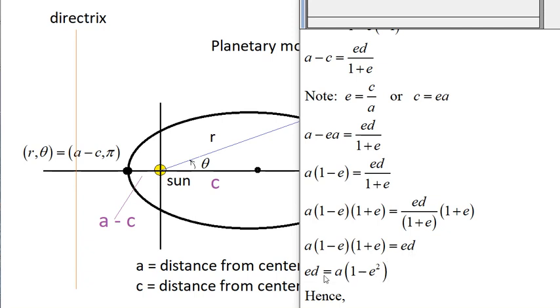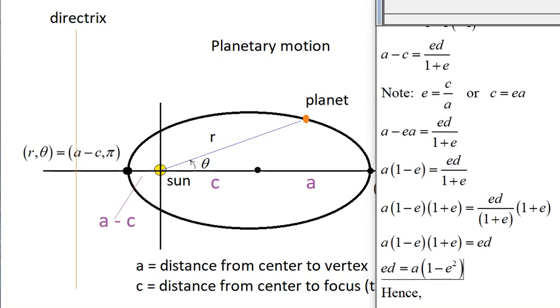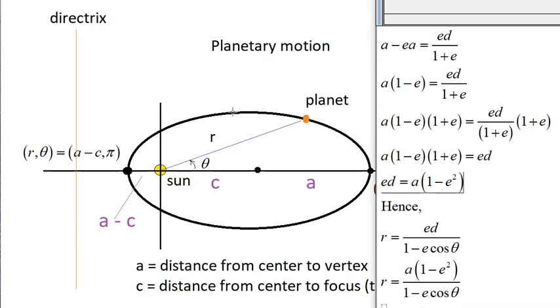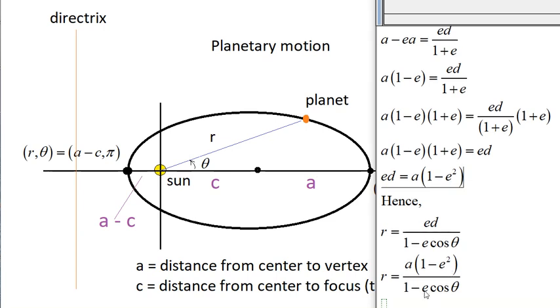So we have ed is equal to a times 1 minus e squared. A is the distance from the center to the vertex. And therefore the equation of this planetary motion, or this elliptical orbit, is r equal to ed over 1 minus e cosine of theta. ed is a times 1 minus e squared, divided by 1 minus e cosine theta.